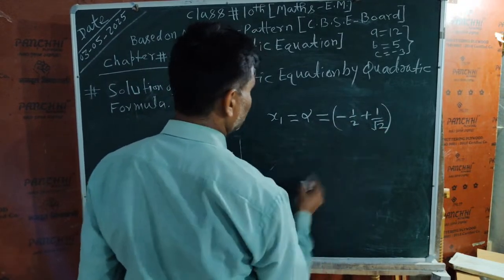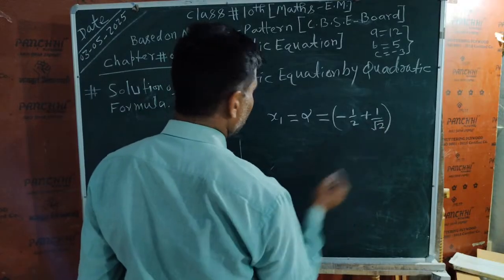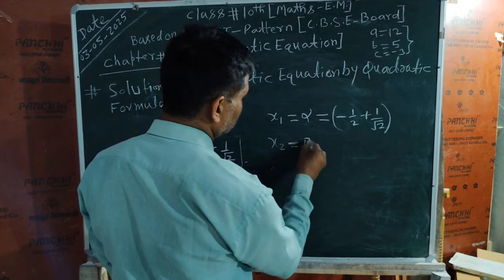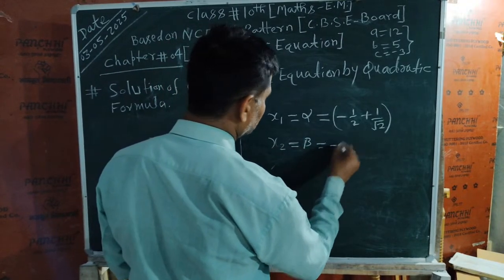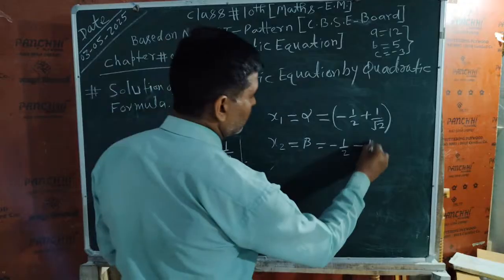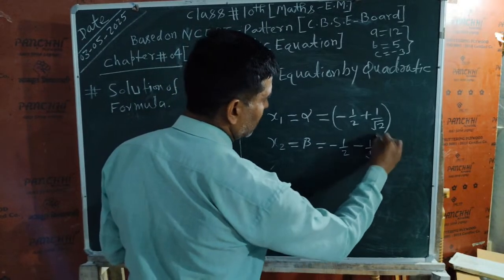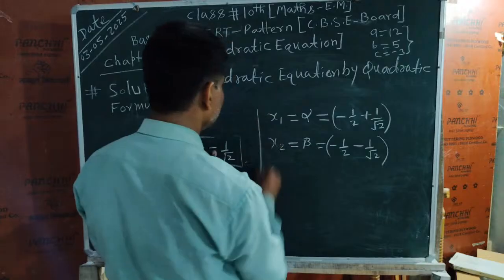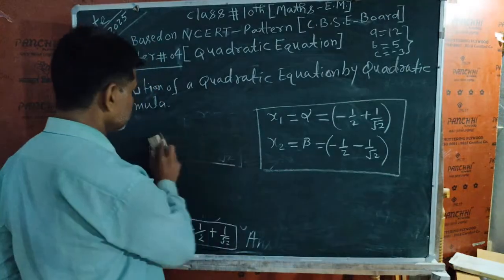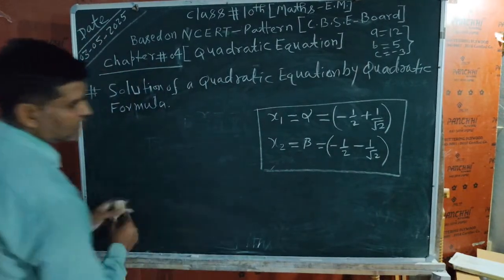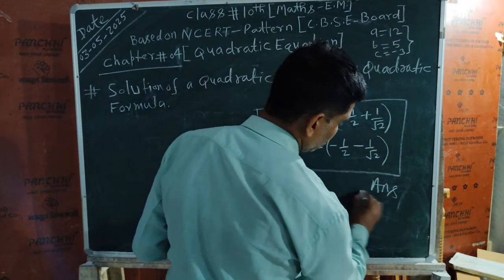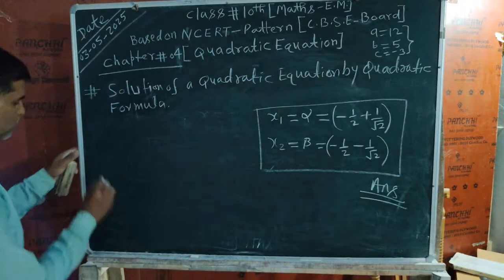So this is one value, and the other is x2, that is beta, whose value is written as minus 1 by 2 minus 1 divided by root 2, and in the bracket I will write these are the roots of the given quadratic equation. Okay, student. So I will say this is the answer of the given quadratic equation. I will write here one statement.